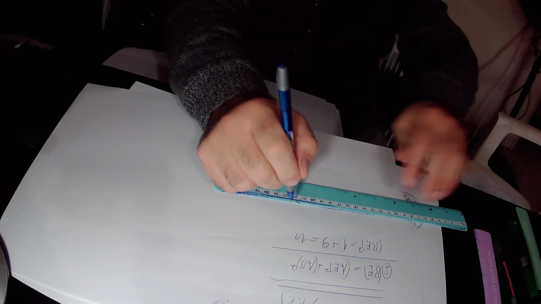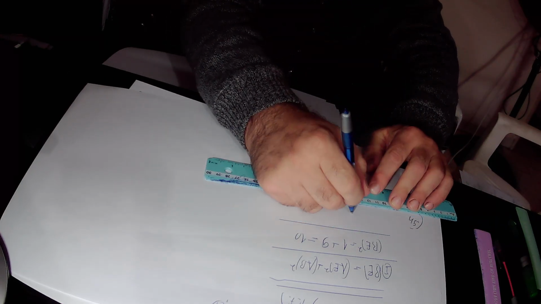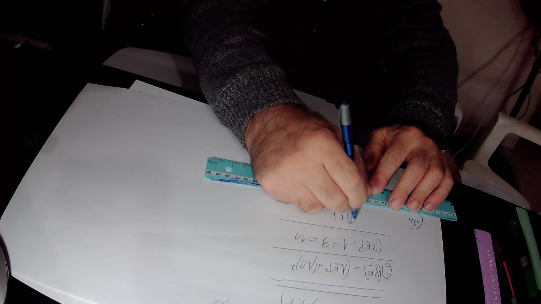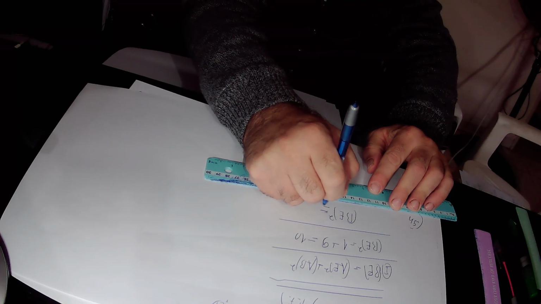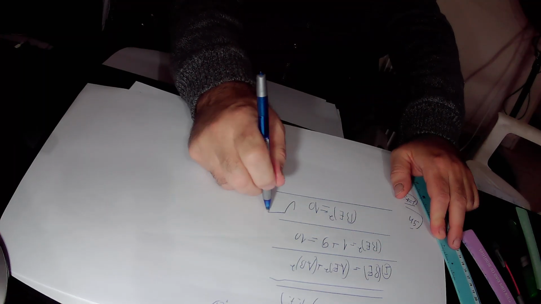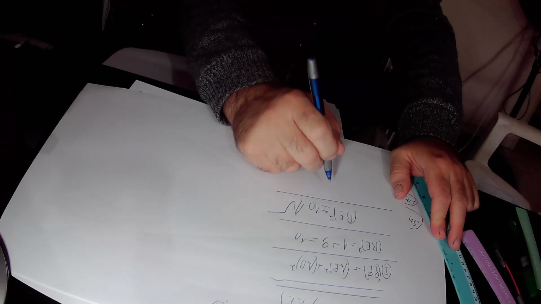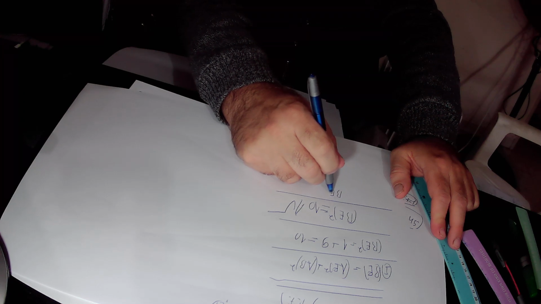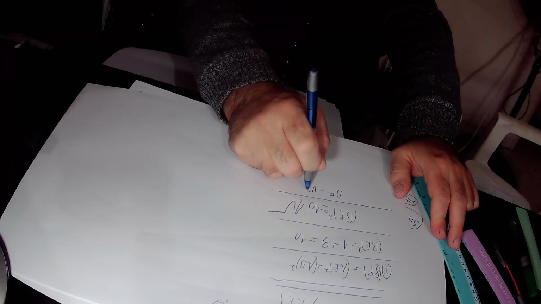BE squared equals 10. Here we will take the square root of this equation and finally get that the missing hypotenuse BE is equal to the square root of 10 units in length.